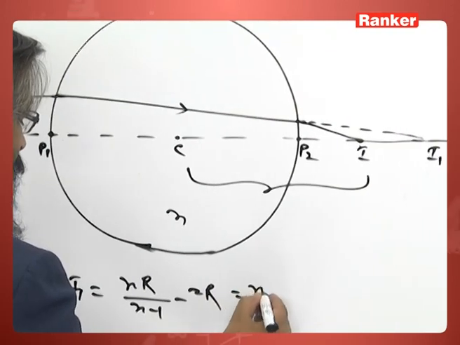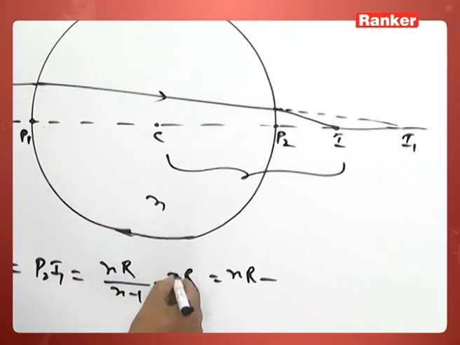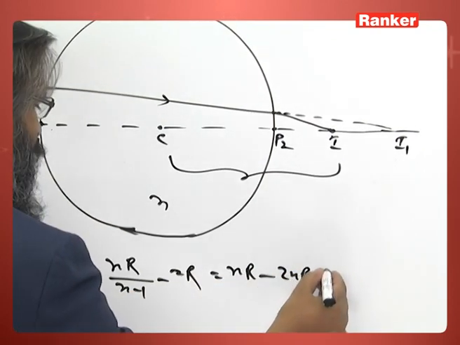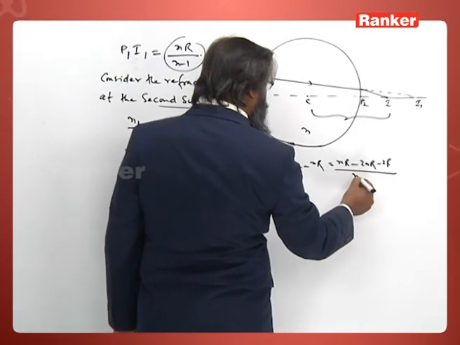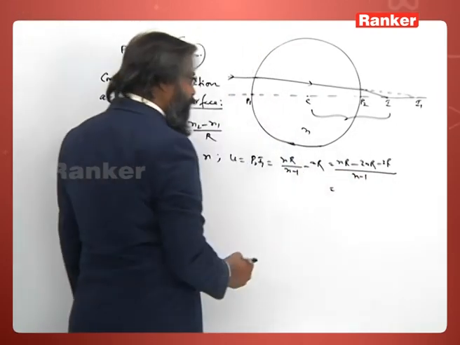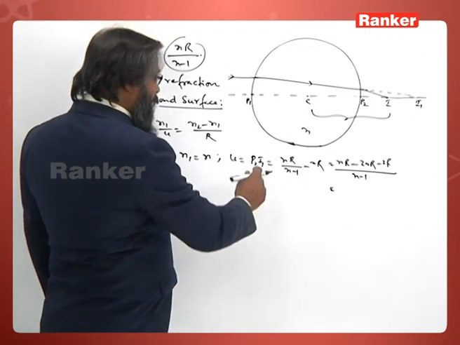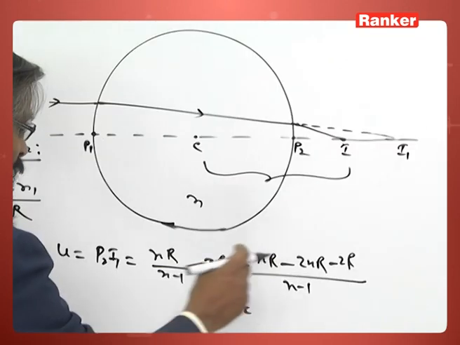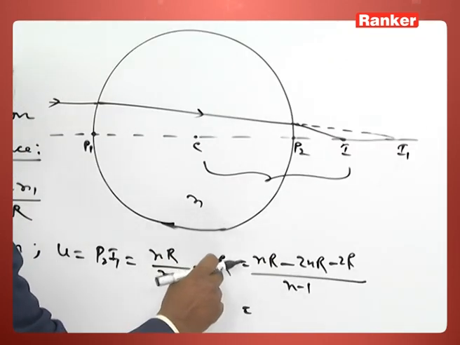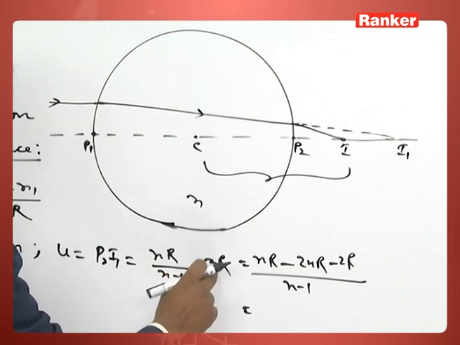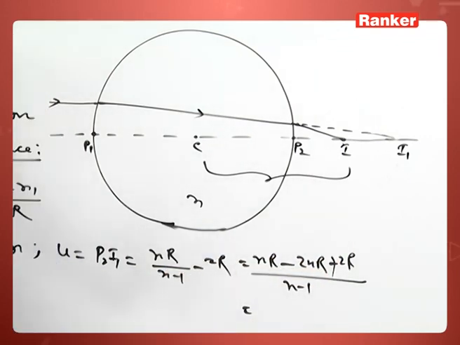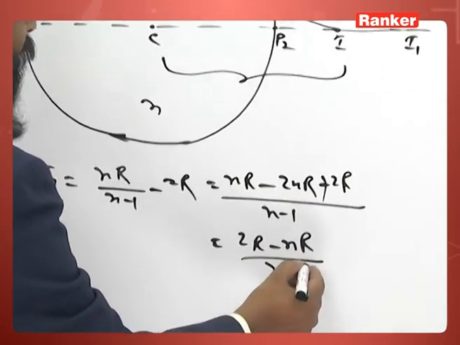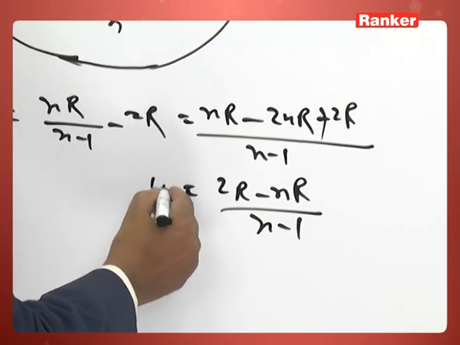So this will give nR minus 2R, 2nR minus 2R upon n minus 1, so this is 2R minus nR by n minus 1, this is your u.